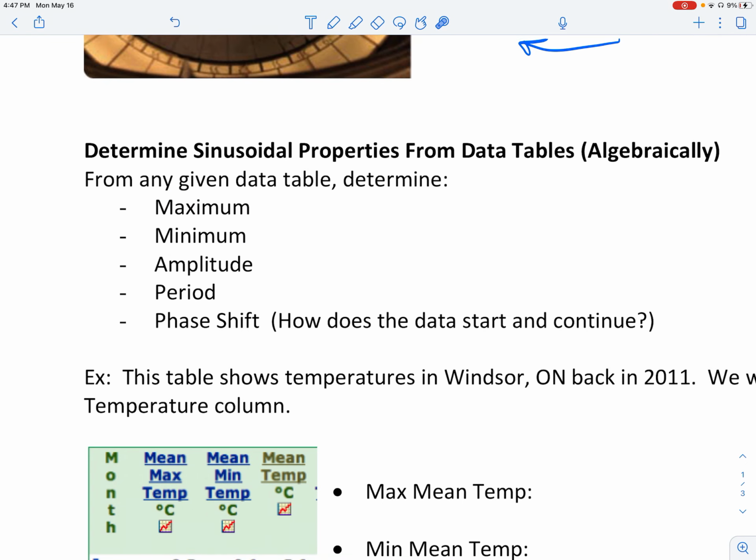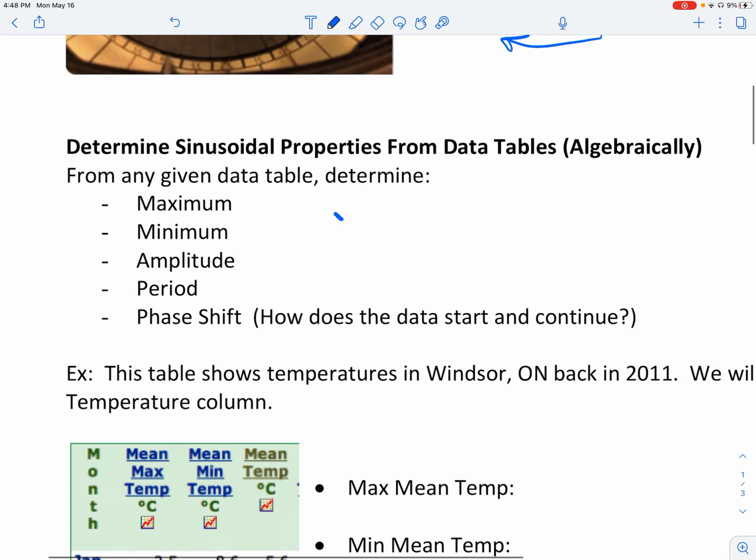After you figure those things out, you can then determine the period. So you want to interpret the data and find out how long it takes for one full cycle. And then finally, once you've decided if you're going to use sine or cosine, you can determine your phase shift in your equation. All that information is going to help us get our parameters A, K, D, and C. It doesn't matter if you're using sine or cosine. What matters is coming up with the right parameters.